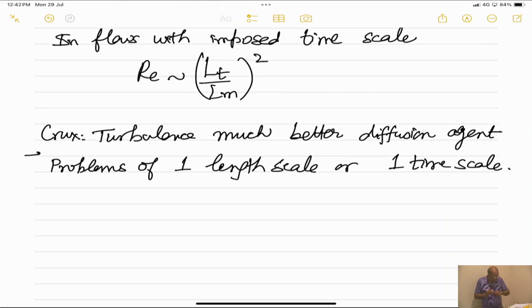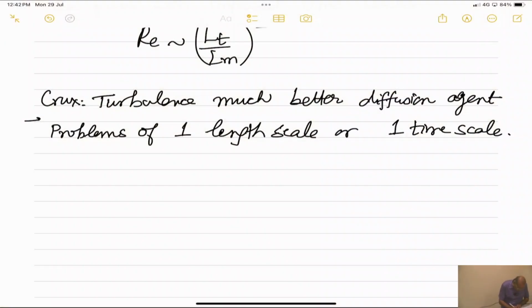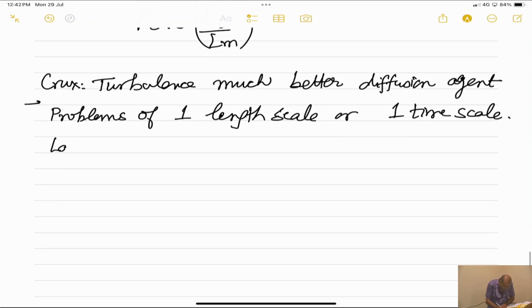So, next let us also look at another consequence or another such estimate. We will do probably one more before we come to the cascade theory, and this is, if we look at this problem of the boundary layer.